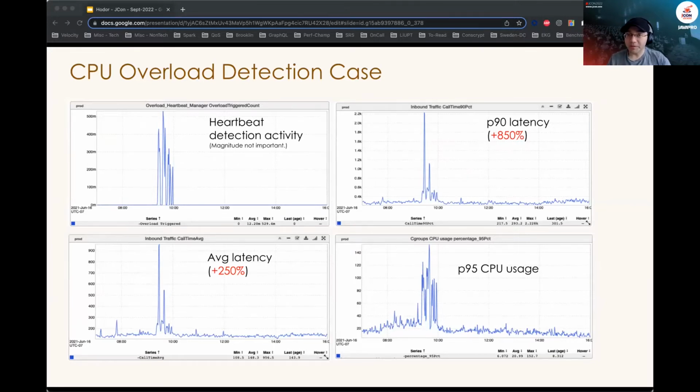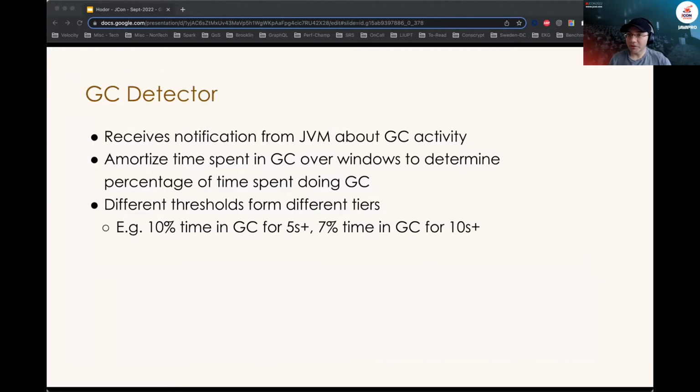To correlate this with business impact, other KPIs such as average latency and P90 latencies have been spiking more than 2.5x. So this is an example of the heartbeat detector catching an overload in production. Now let's move on to the next detector, which focuses on memory bottlenecks.